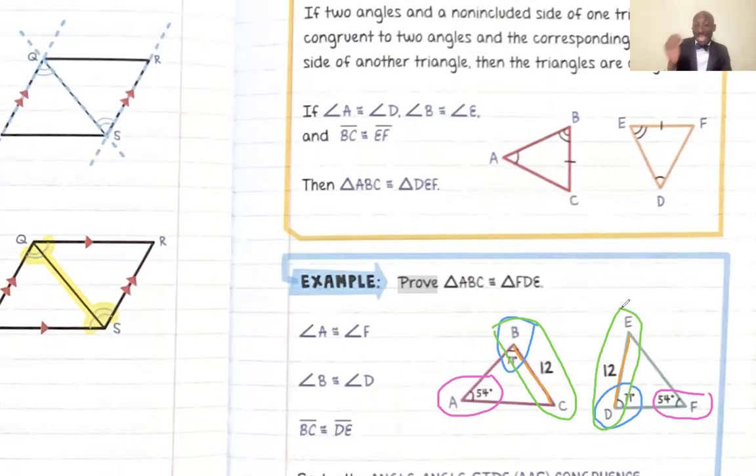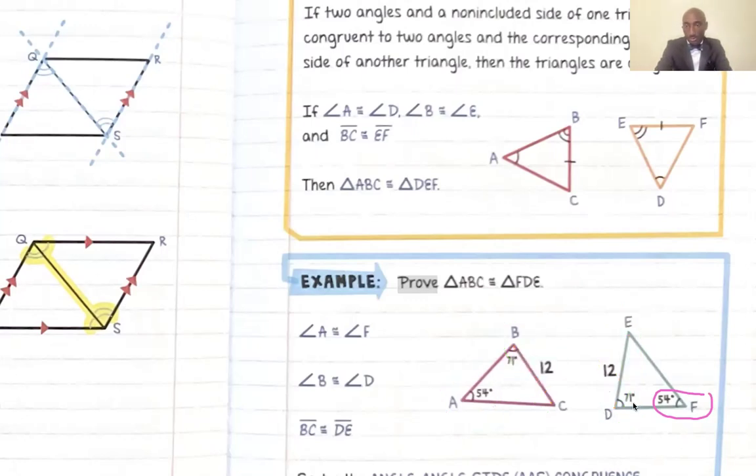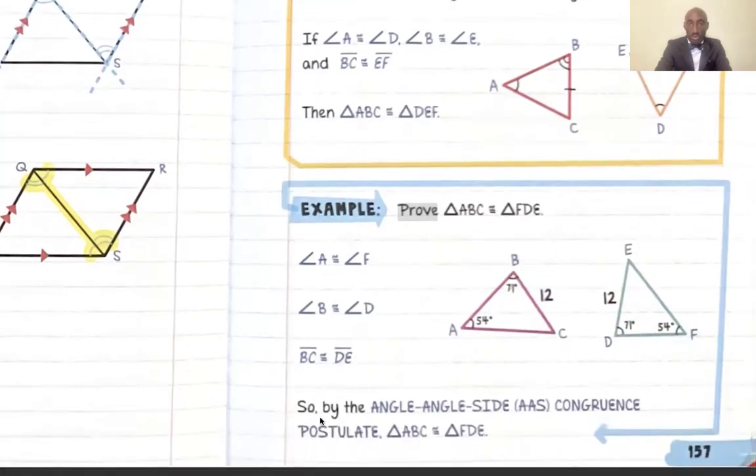So this follows the pattern of angle, angle, side. So by the angle, angle, side congruence postulate, triangle ABC is congruent to triangle FDE.